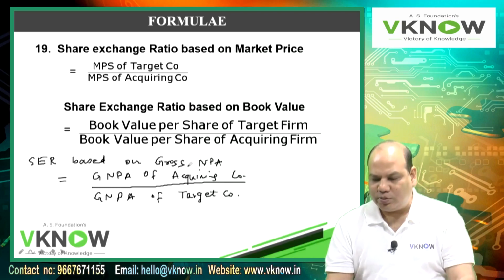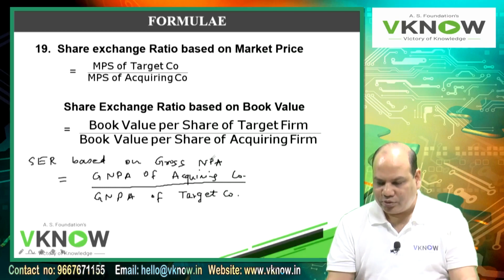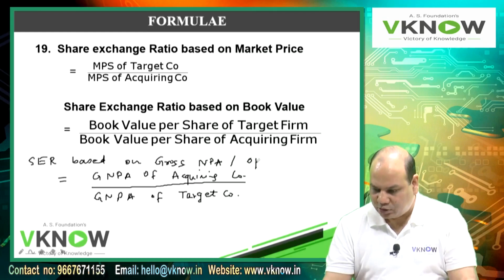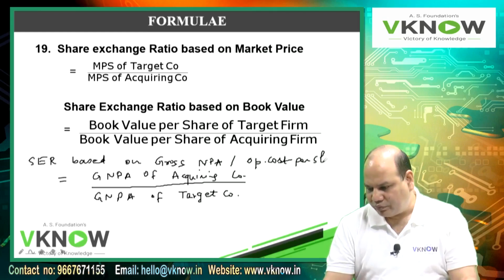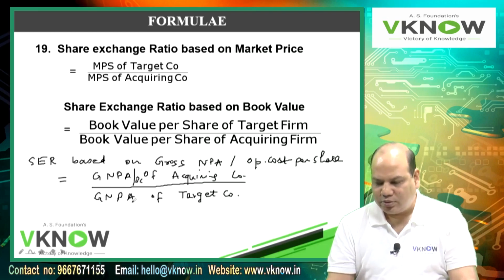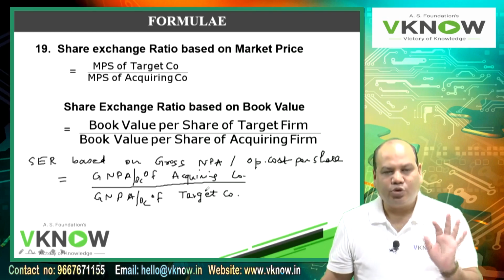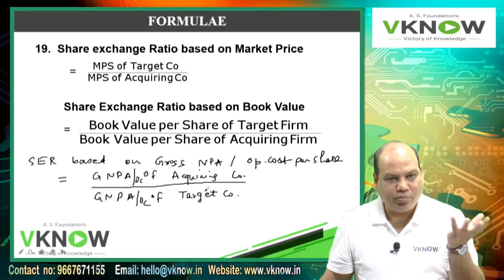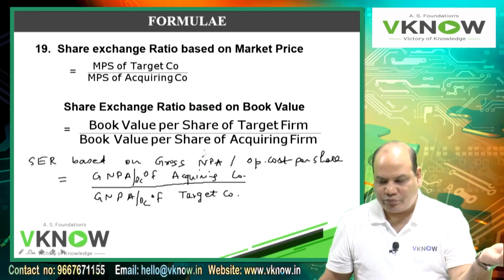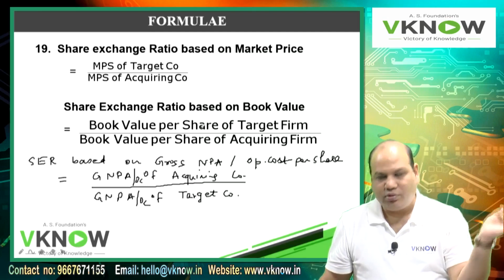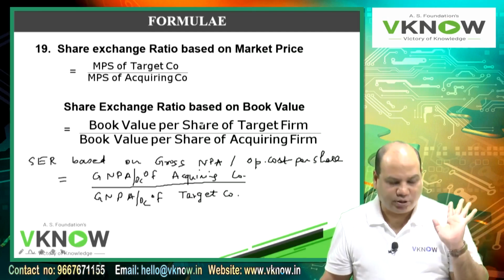So share exchange ratio based on gross NPA is this, or if they say share exchange ratio based on operating cost per share, then I will take the operating cost of acquiring company divided by operating cost of target company. So for those parameters where the minimum value is better, in that case it is acquiring company upon target company.